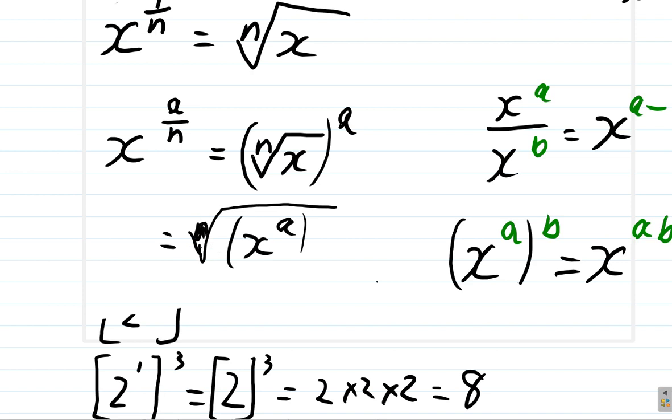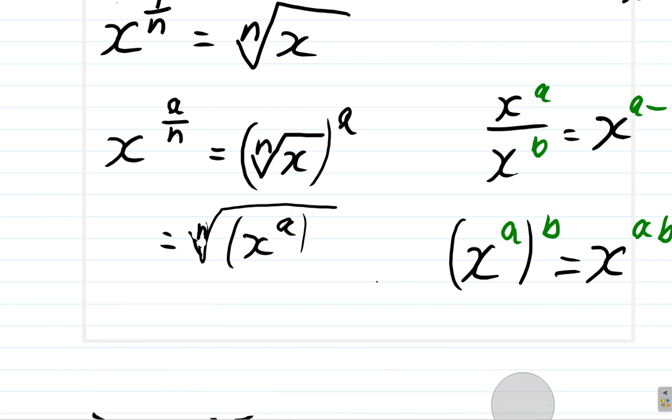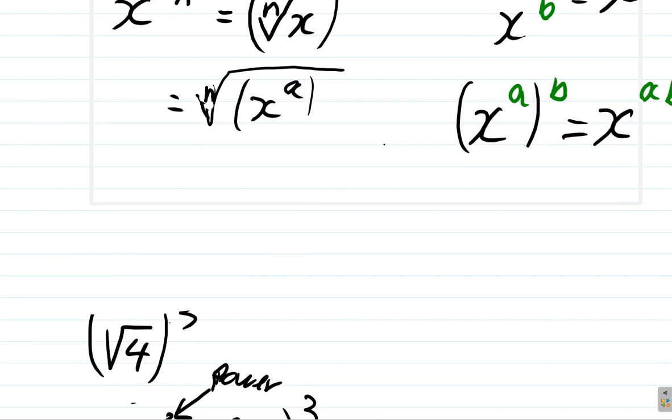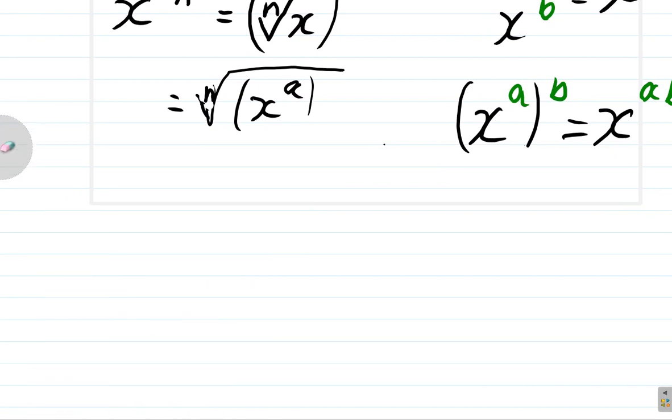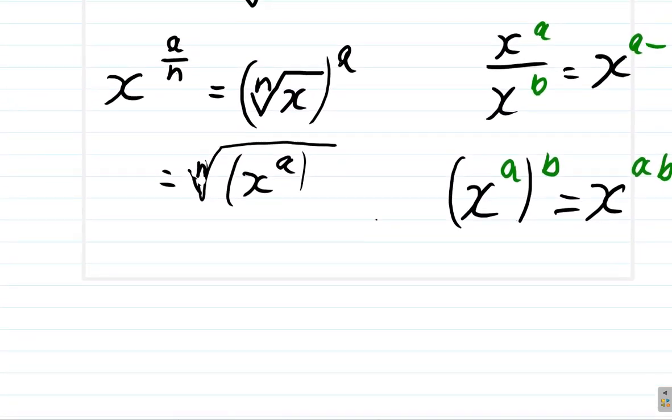In this case, you do what is in the bracket first. You find x to the a, and then you find the nth root. Now, as I was saying, when you're dealing with numbers, it might be easier to find the root first and then raise to the power. You're dealing with smaller numbers there.